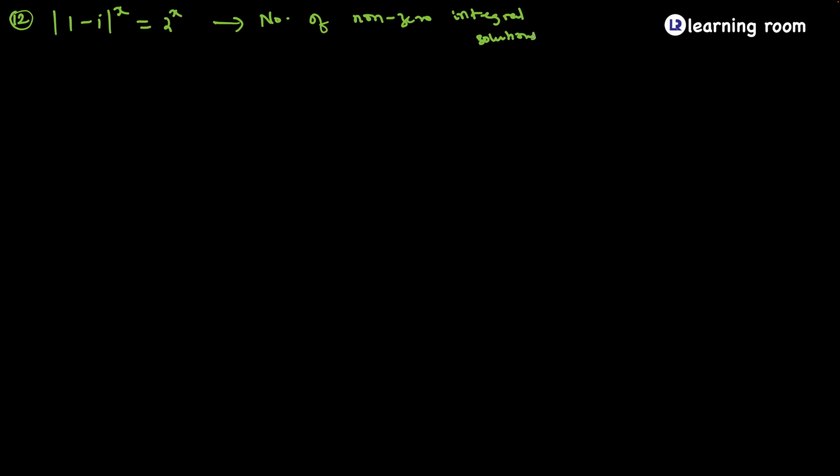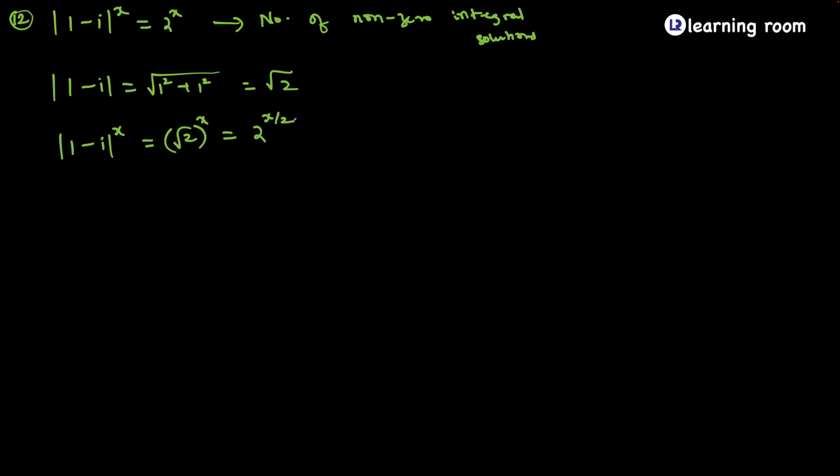For that, what is mod of 1 minus i? It is going to be square root of 1 square plus 1 square, which is square root of 2. So mod of (1 minus i) the whole power x will be square root of 2 to the power x, which will be 2 power x by 2.